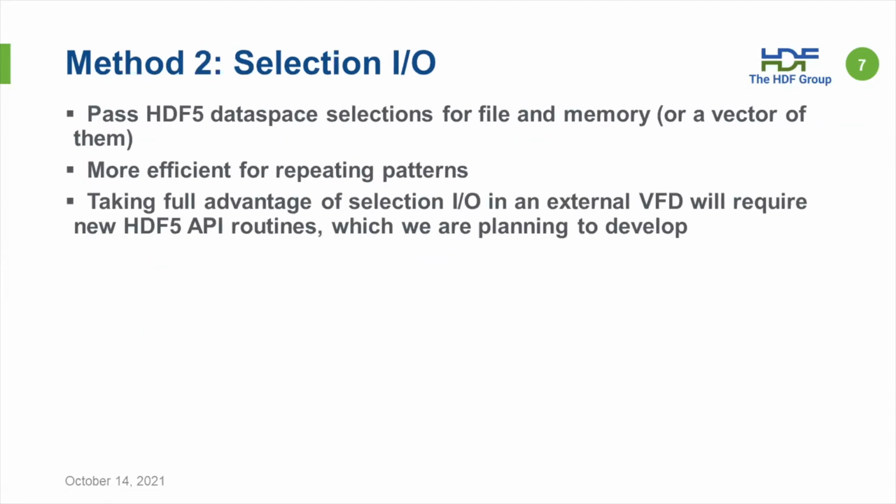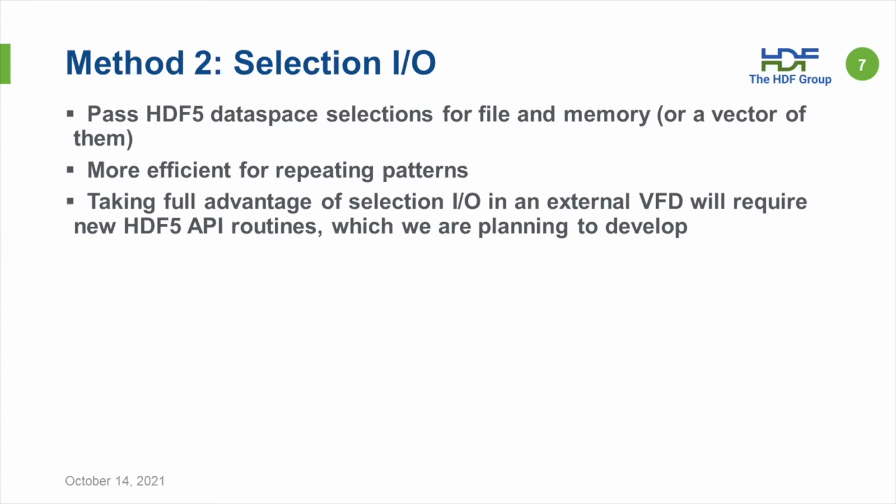So the way we were thinking is selection IO, where we pass an HDF5 dataspace that has a selection in it. And we pass one for the file and one for the memory, because the memory might have a different shaped buffer too. That's also the case with vector IO. You might have to break it up for blocks in memory instead of blocks on disk.